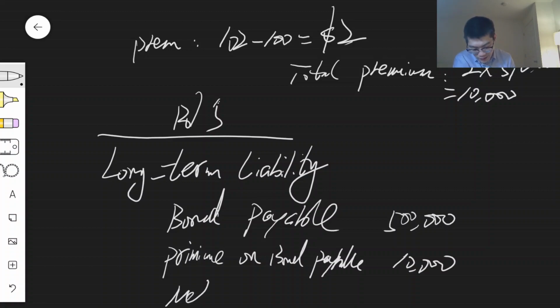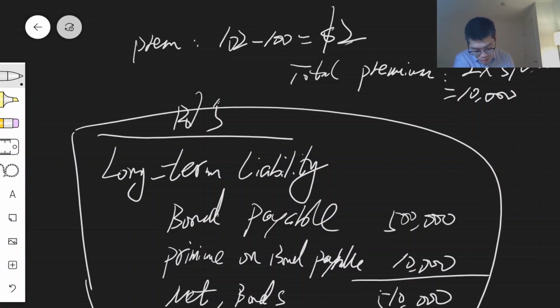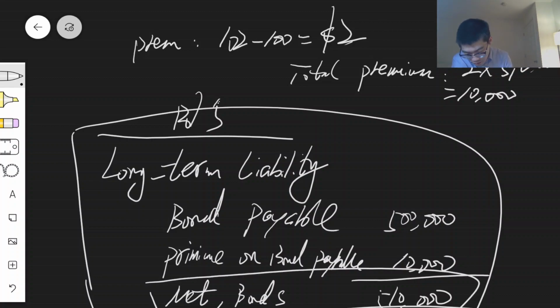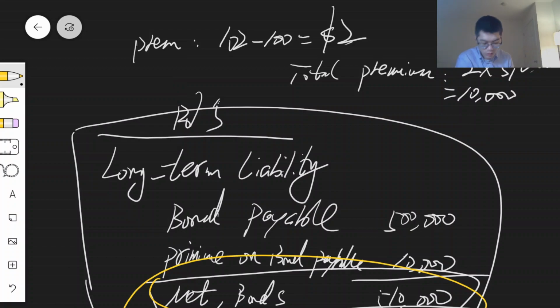So net bonds is $510,000, right? Either report this in your long-term liability section on the balance sheet, or just this part. Either one works.